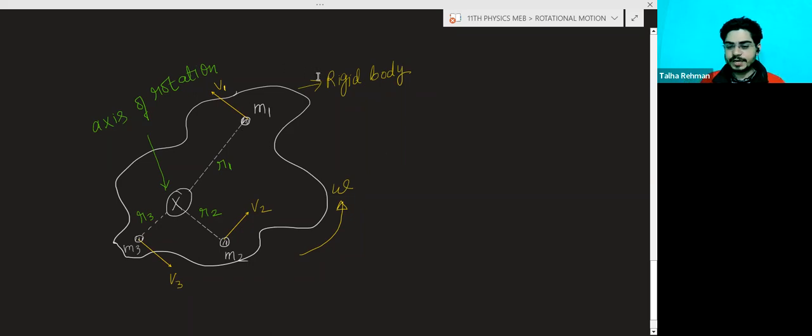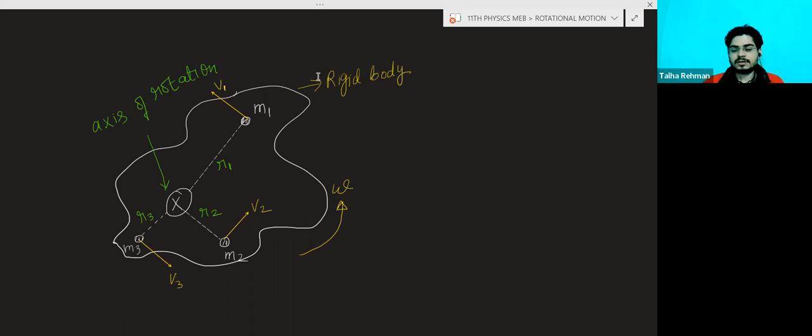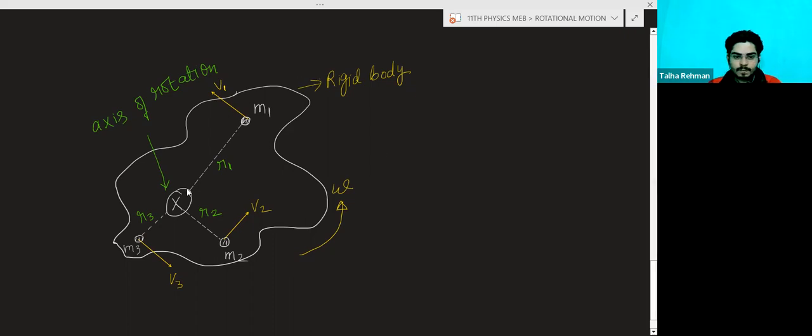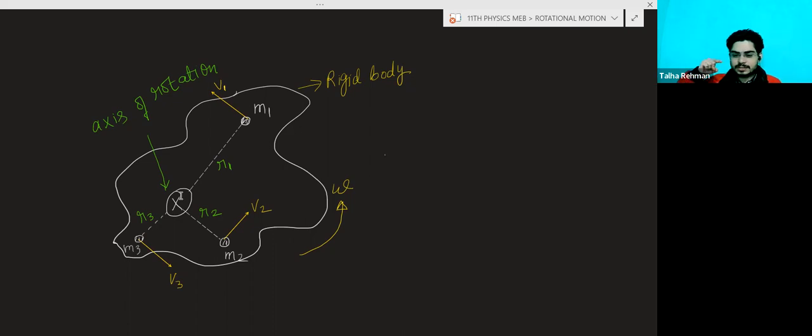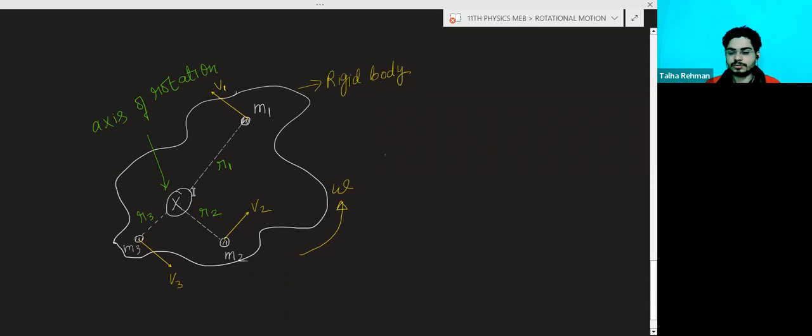The meaning of a rigid body is that during the motion there will be no change in the separation between any two masses. And this cross is representing the axis of rotation. Cross means into the body, inward.